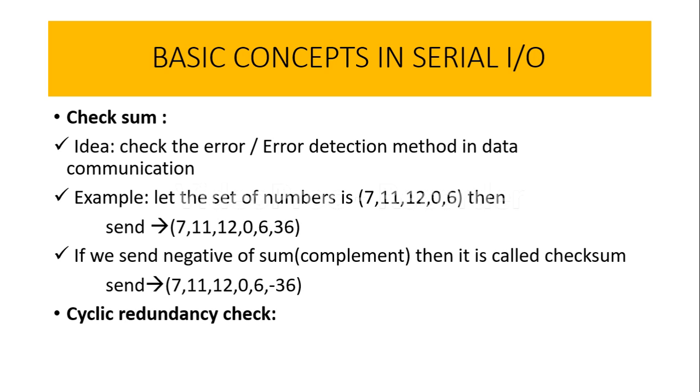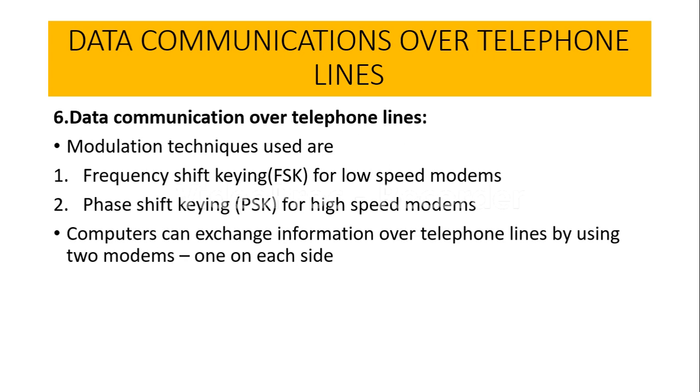cyclic redundancy check. It is also an error detecting code which is used to detect accidental change to the raw data. The data communication over telephone lines: whenever you want to transfer data over telephone lines, we need to use modulation techniques.